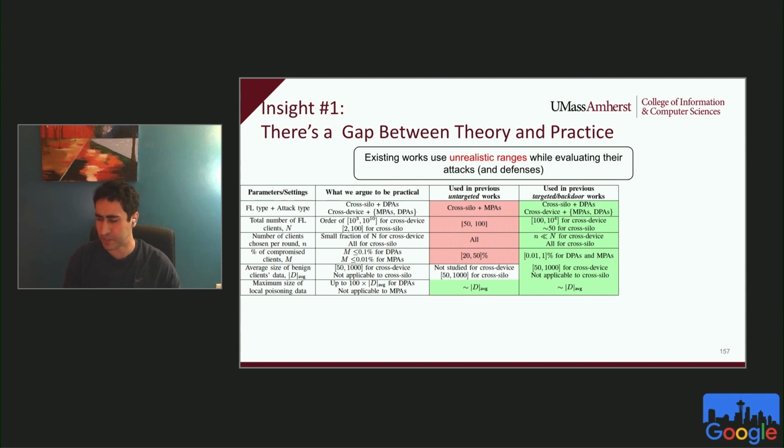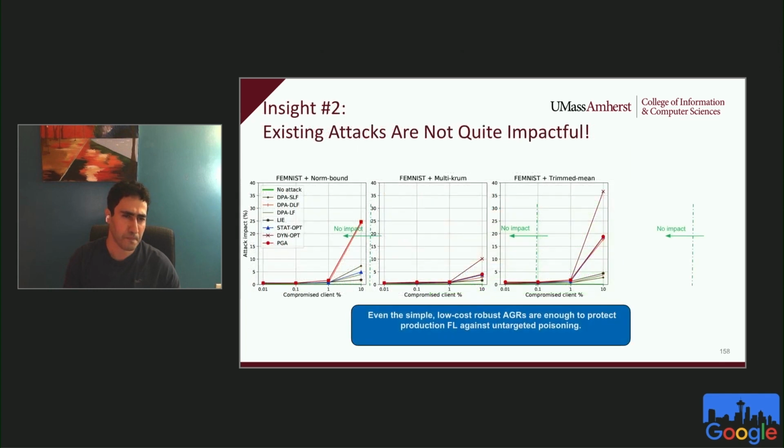The first one is that the threat models and set of parameters used in the literature seem to deviate from what we expect to be realistic for production systems. Therefore, we argue that some of the conclusions made by these works might be questionable and debatable.